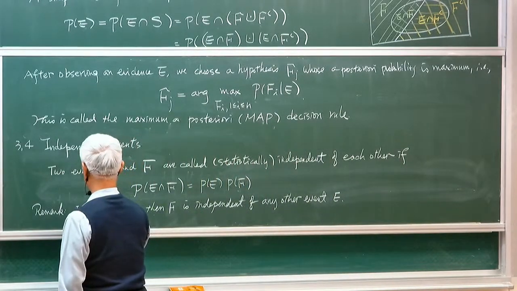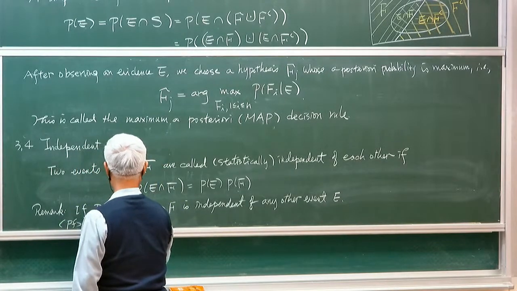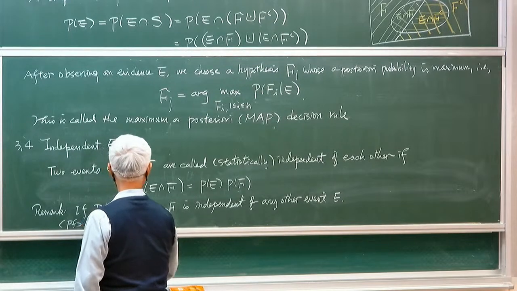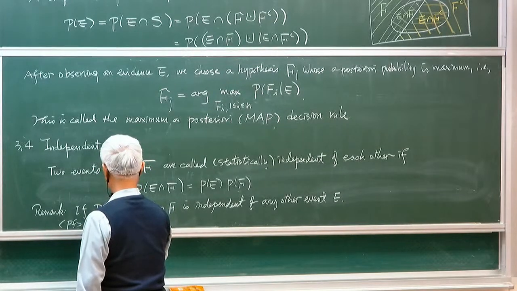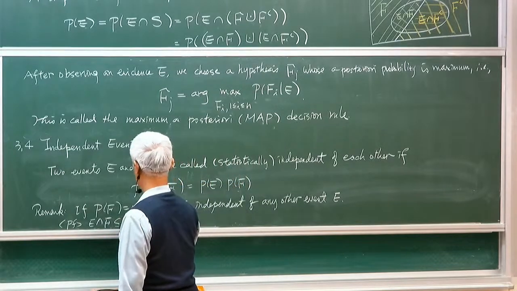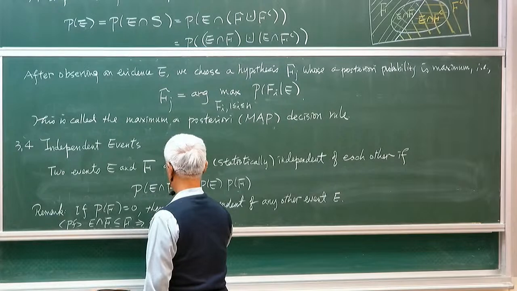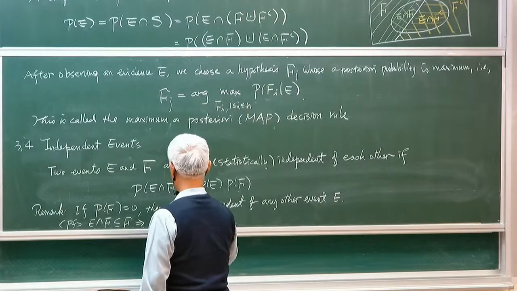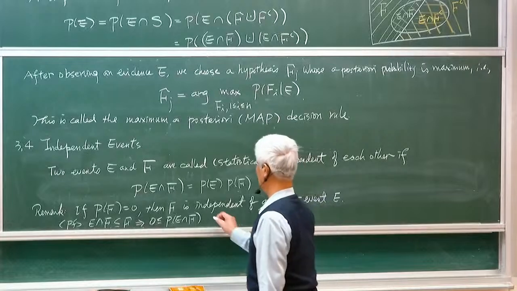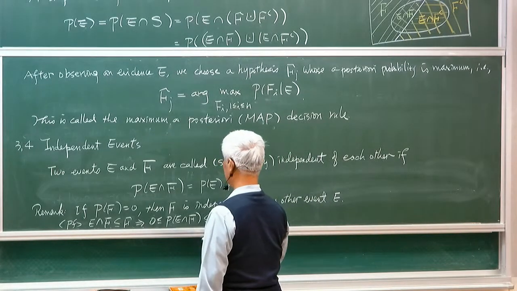The proof is here. All right, so we know that the intersection of E and F is a subset of event F. So this implies that the joint probability of E and F is less than or equal to the probability of F, but this is 0.